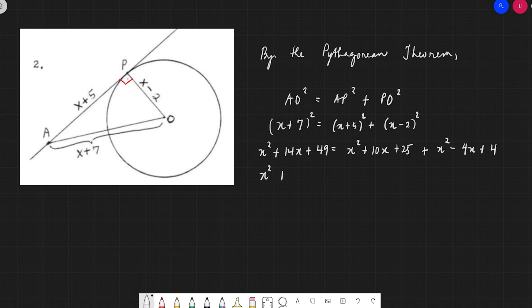We have x squared plus 14x plus 49, and then let's simplify the right hand side. We have 2x squared, we have a 10x and a minus 4x, that's 6x, and 25 plus 4, that's 29. We have a choice of putting everything on the left side or on the right side. Let's put everything on the right side so that the x squared is positive.